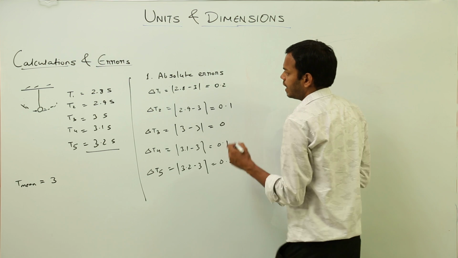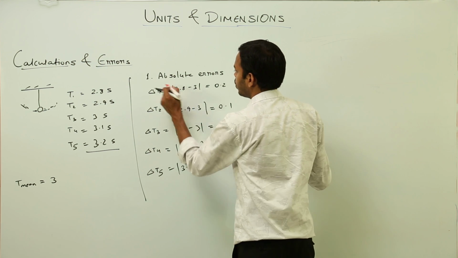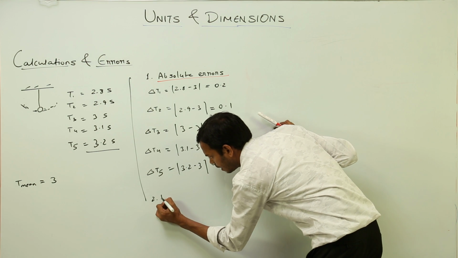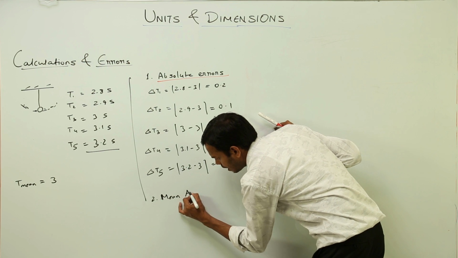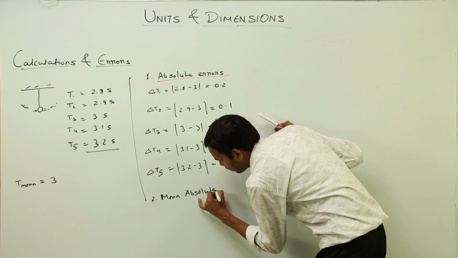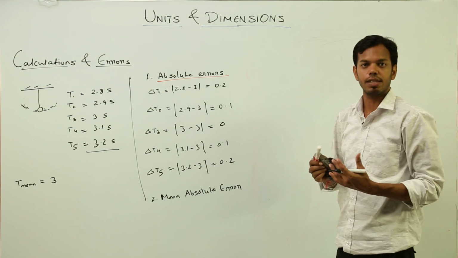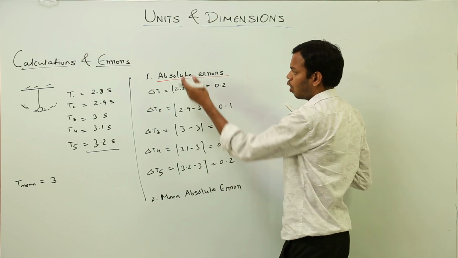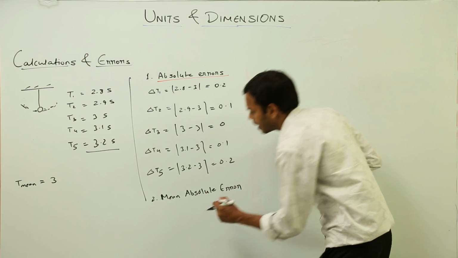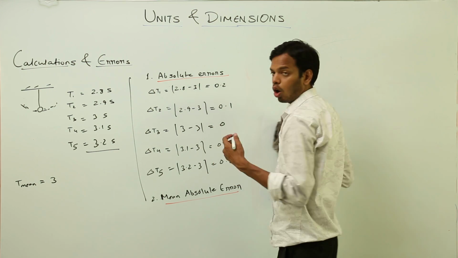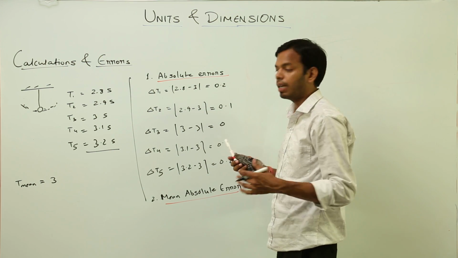This one was the first, which is absolute errors. The second one is called mean absolute error. Mean absolute error, as the name suggests, would be the mean value of all the individual absolute errors. So how do we find the mean value? Just add all the different values and divide by the number of observations.